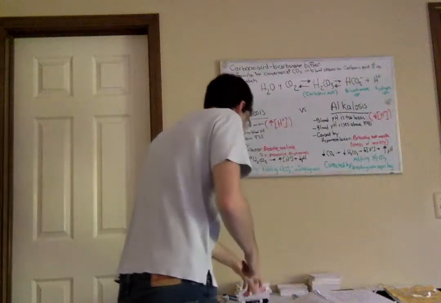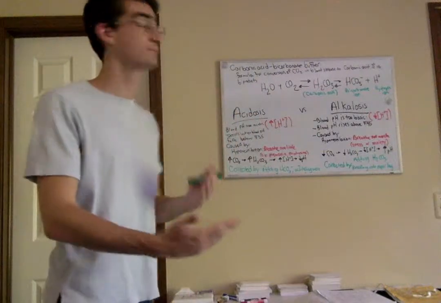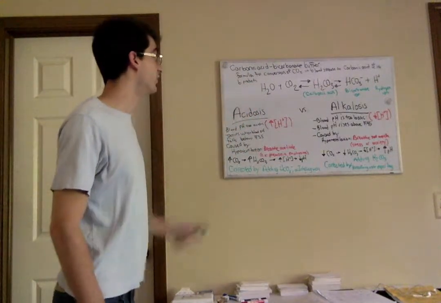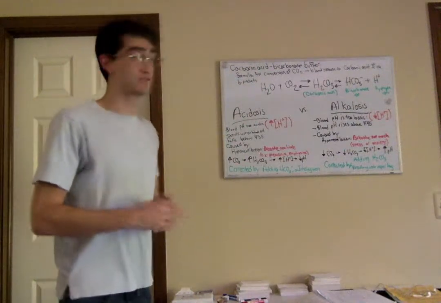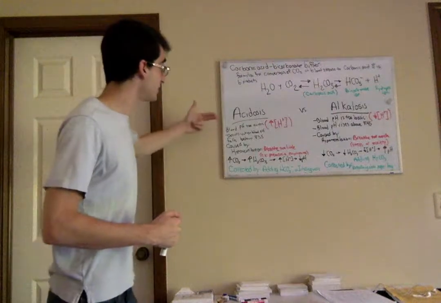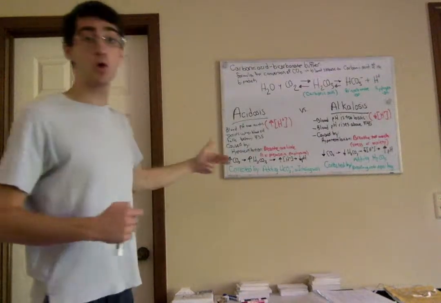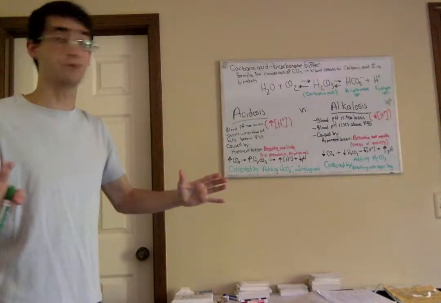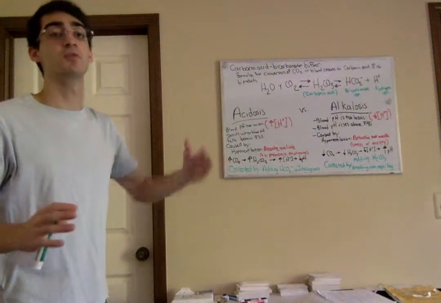Alkalosis is the complete opposite of acidosis in everything. Moving on, our blood pH rises to what? Since acidosis falls below 7.4, a normal blood pH, alkalosis is going to rise.